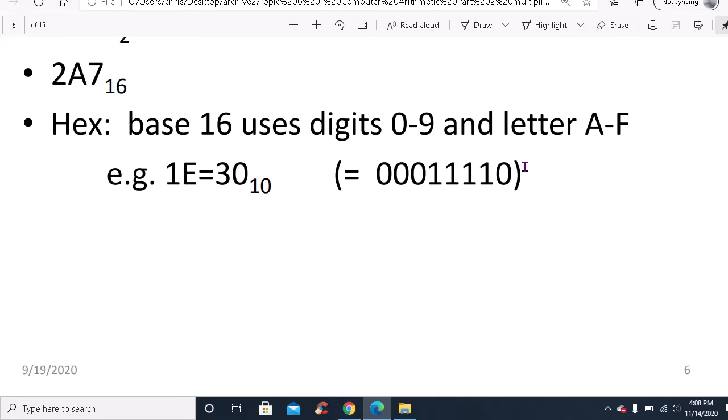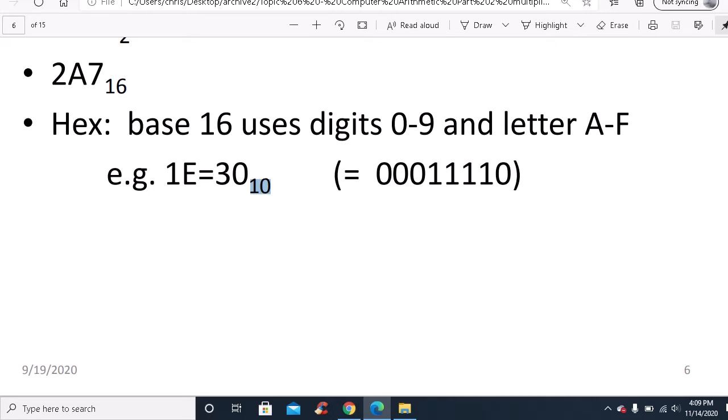So I think that probably does come out. I'm not going to try and add it up whilst I'm giving this talk, but you convince yourselves that 1e is actually 30. Why? Well, 1e is equivalent to this binary number, and we can compute what this binary number is in decimal.